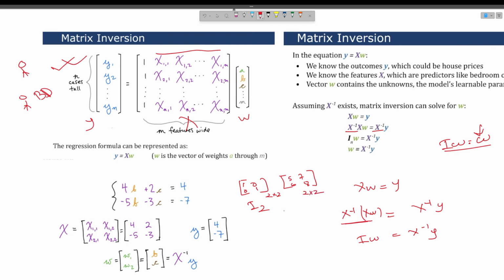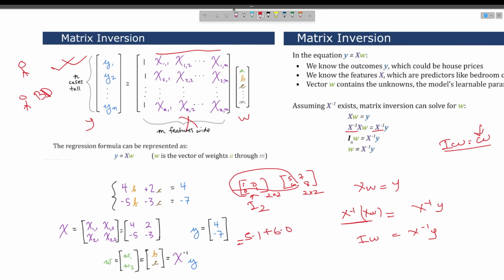Now, although it's an identity matrix, if we just multiply them, you can see what will happen. For the first row, 5 into 1 plus 6 into 0.